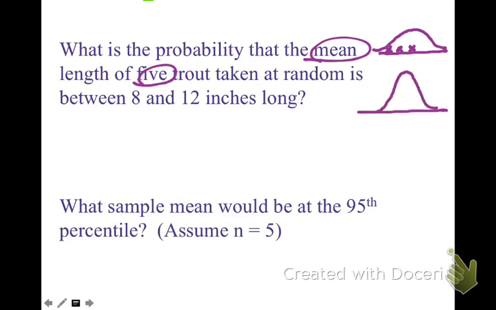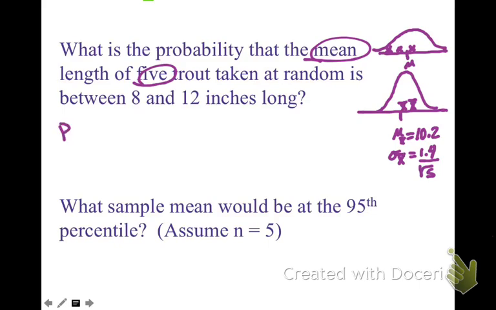Remember, my sampling distribution of sample means shares the same center as the population, so in this case, a mean of 10.2 inches. But my standard deviation for x bar is smaller than the standard deviation for the population. It's my population standard deviation divided by the square root of 5.